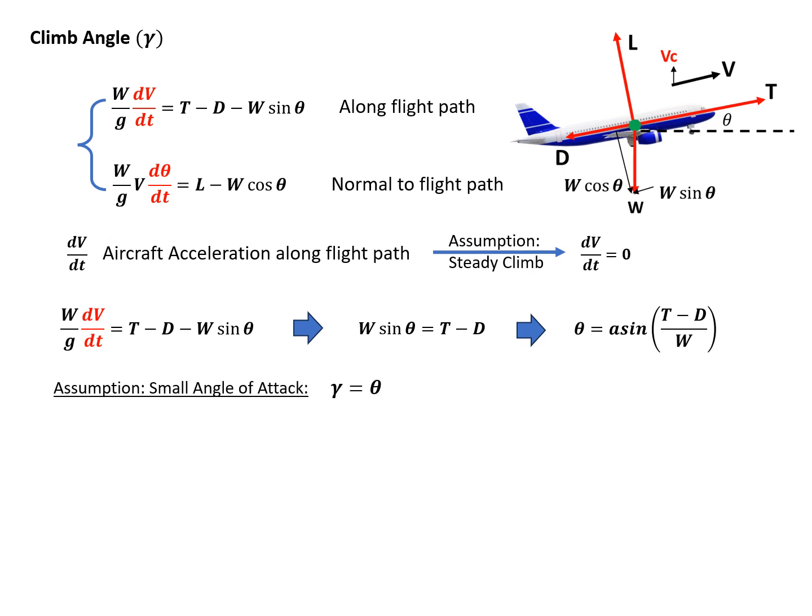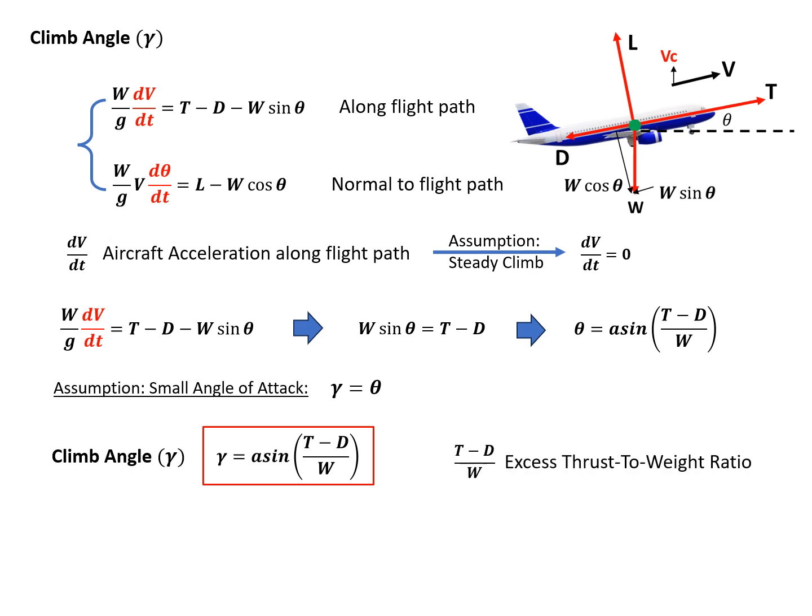If we assume the angle of attack is small, which means the climb angle equals the flight path angle, so gamma equals theta, then the climb angle is arc sine of (T minus D) over the weight W. This definition of climb angle is based on two assumptions: steady climb and a small angle of attack.